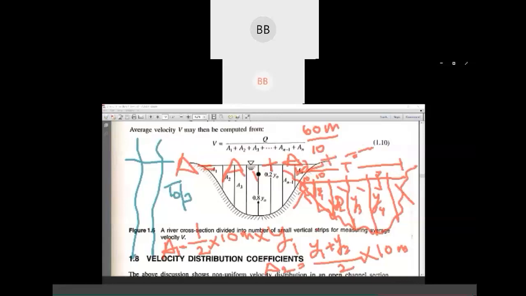You find out the sections' areas separately and then add them all, which gives you the approximate cross-sectional area in the natural channel. This is how you can find out the area of a natural river.